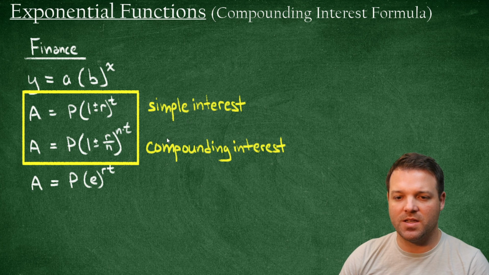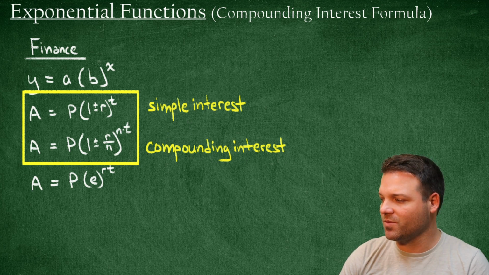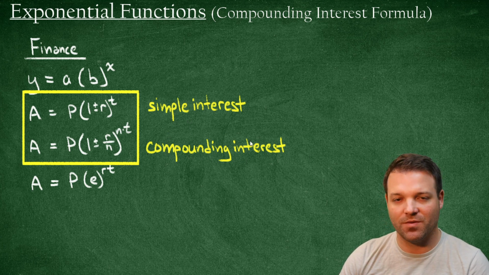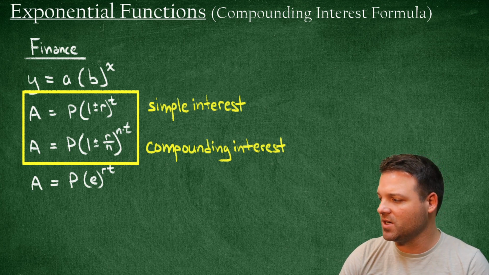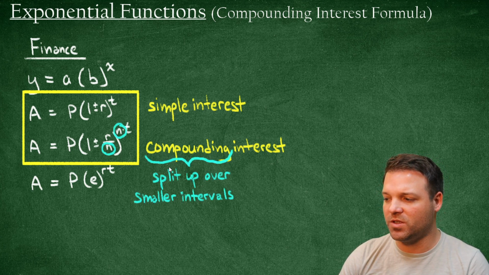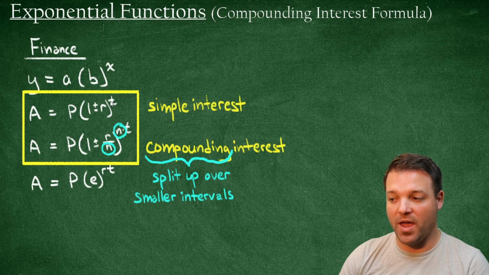Okay, and again, the compounding interest formula, what does it actually mean? Like, what's the difference between simple interest and compounding interest? Well, essentially, all we're really doing is we're taking that rate, from the simple formula, and we're going to split that rate up over smaller intervals, okay? Which is why you can see here we have r divided by the number of times we're going to compound it.